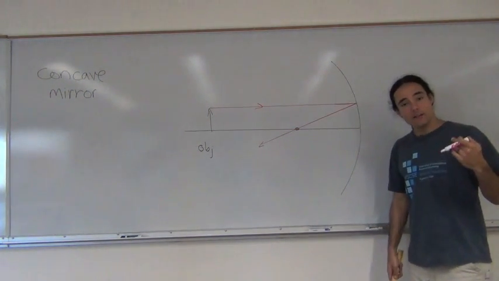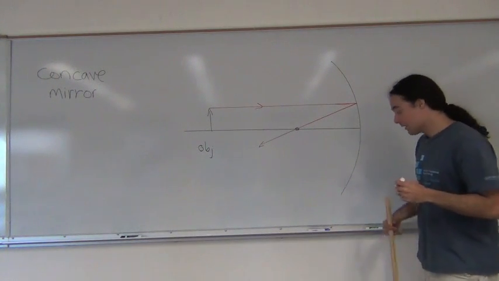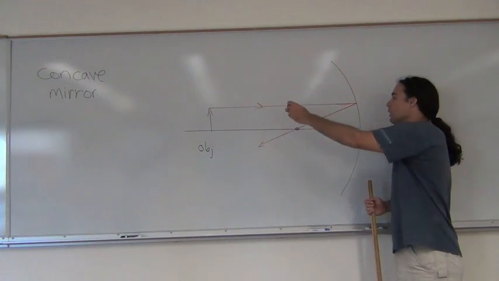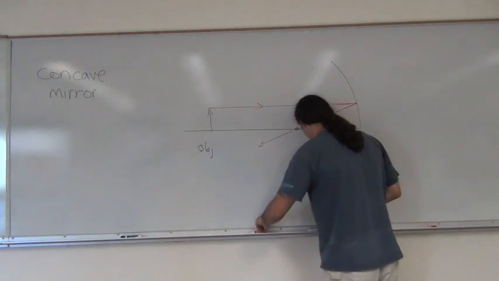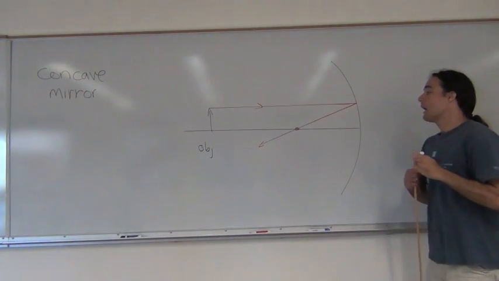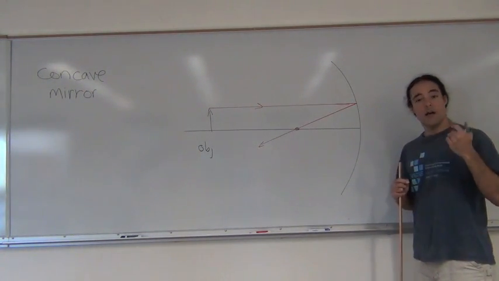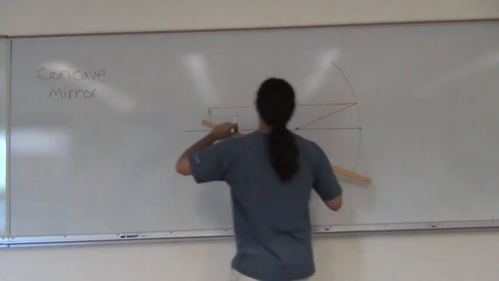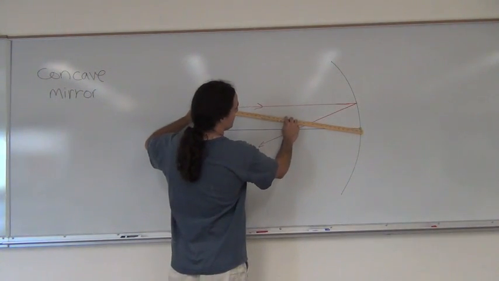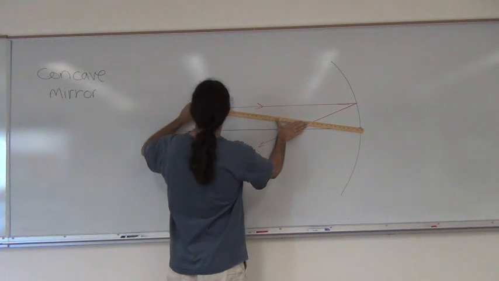It's just a matter of the angle of incidence equaling the angle of reflection. I know rays that come in horizontally get reflected back through the focal point. I can do a similar thing hitting the center of the mirror, assuming I can line it up.